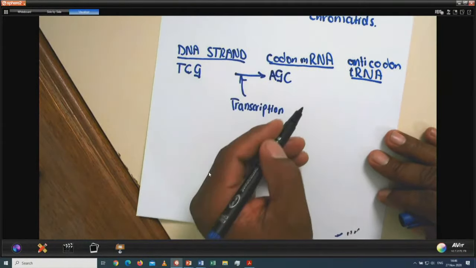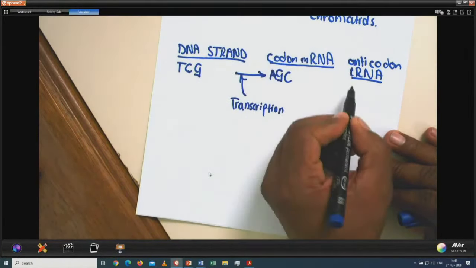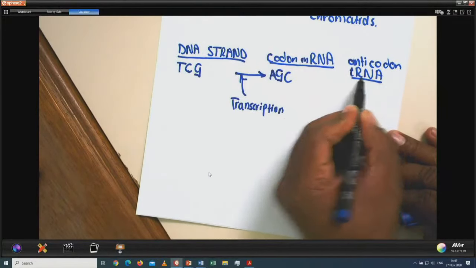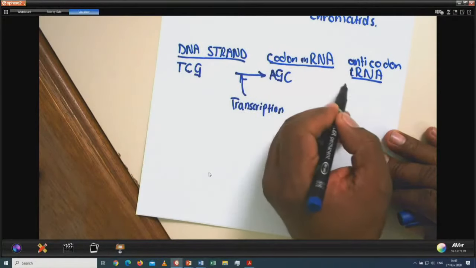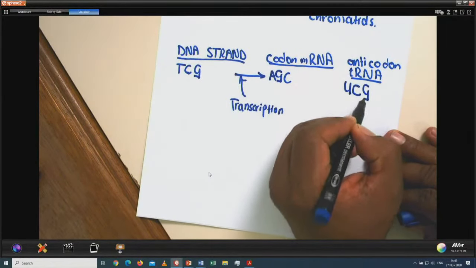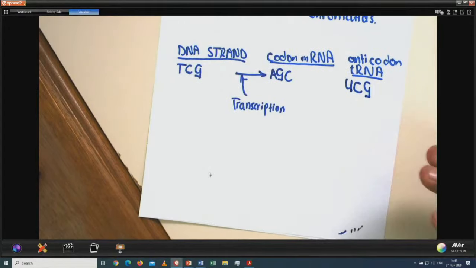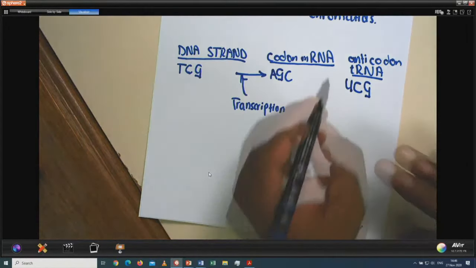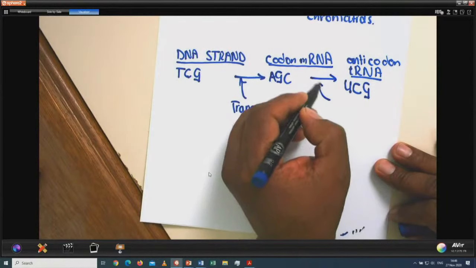That will be our codon and our anticodon. Since now in RNA we don't have thymine but we have uracil, and then we'll have cytosine and guanine. That will be like that during the process of translation.